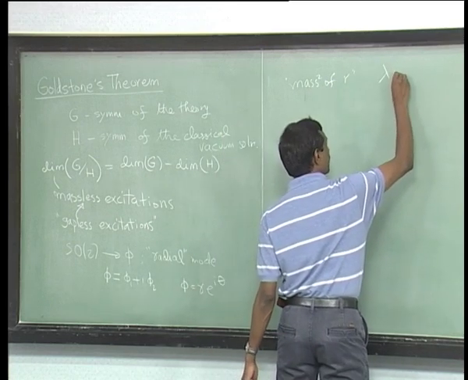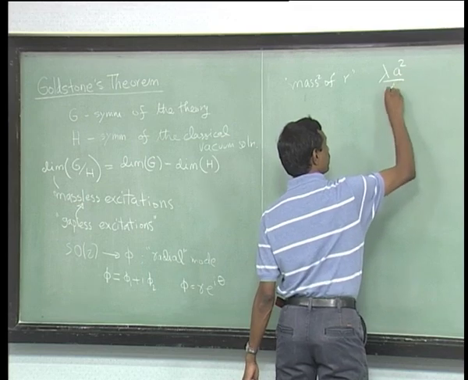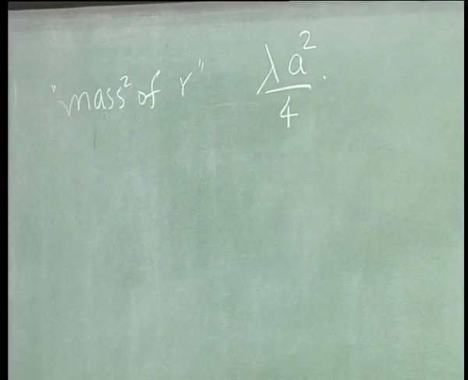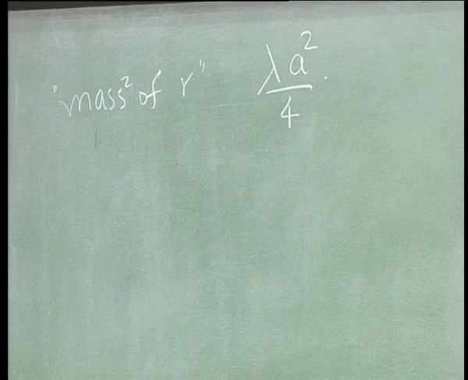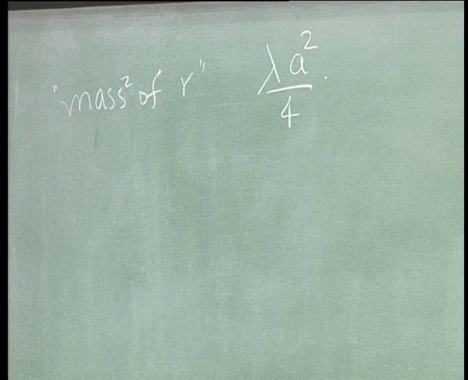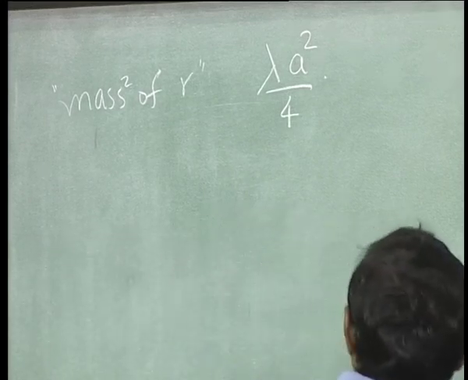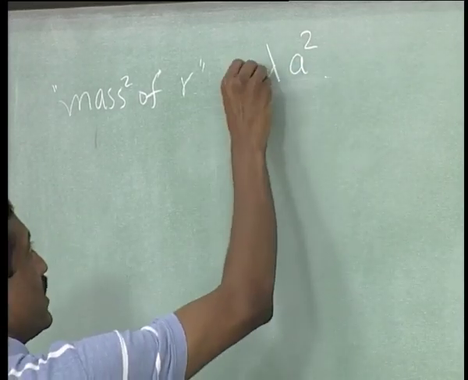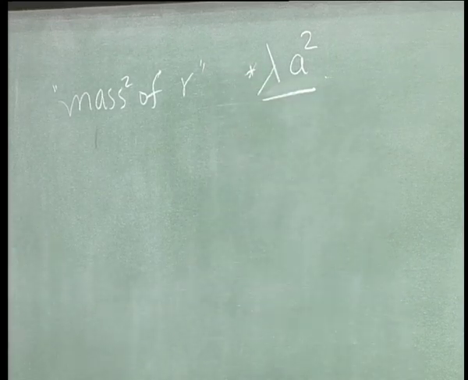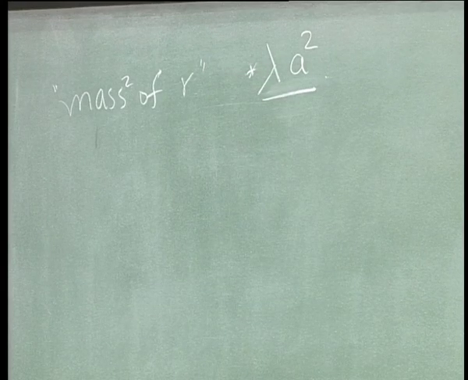We got something like λa²/4. Is this correct? You should look at your notes; I know there was a 4, I do not remember, but 2, 4, whatever, some number times λa².